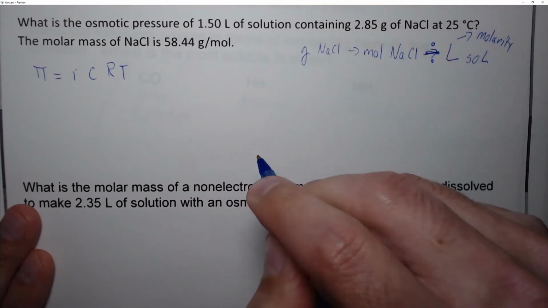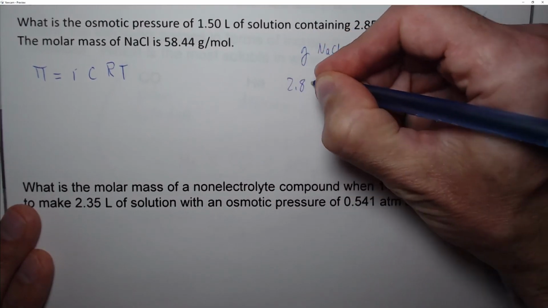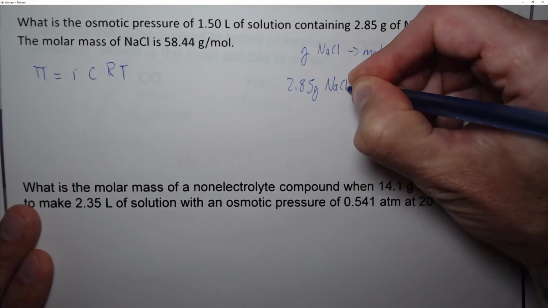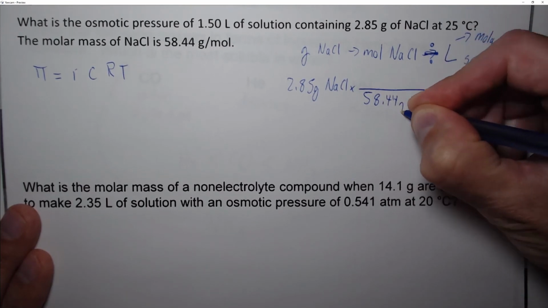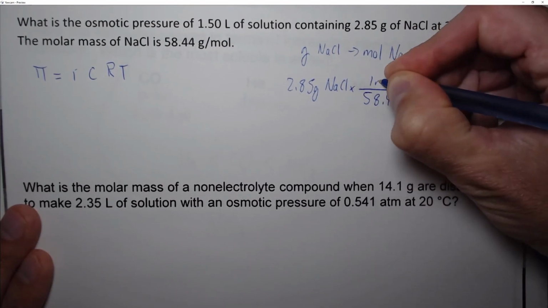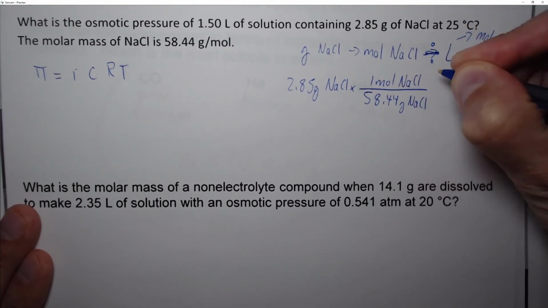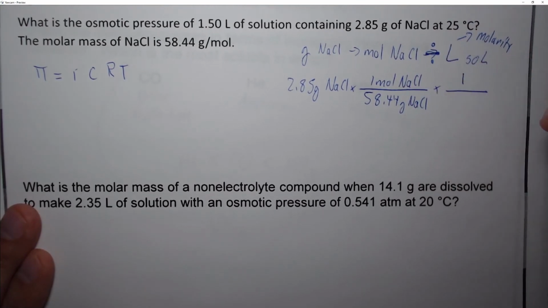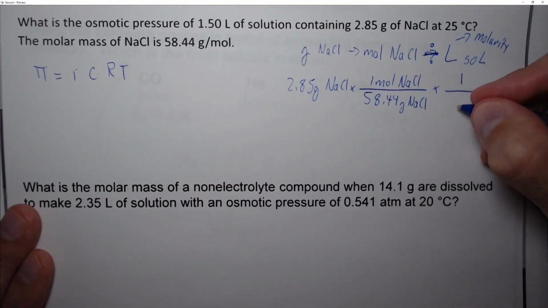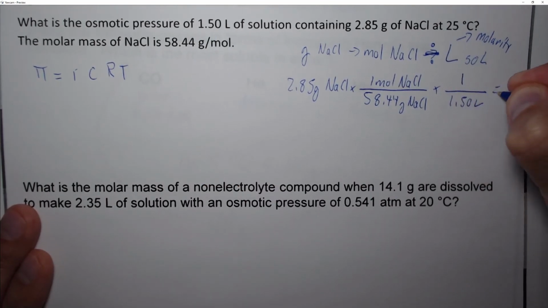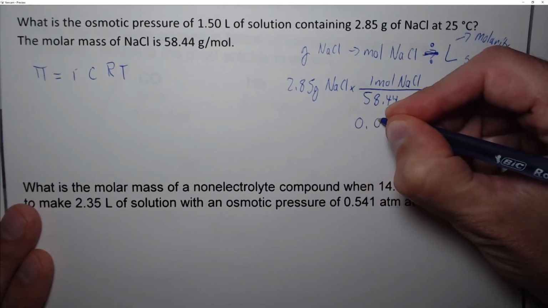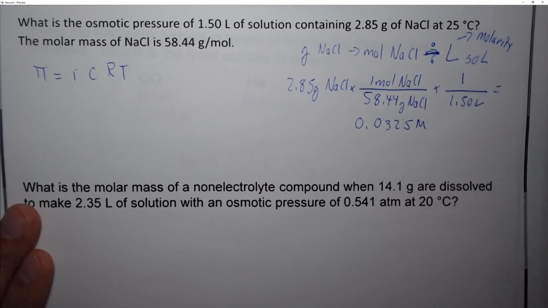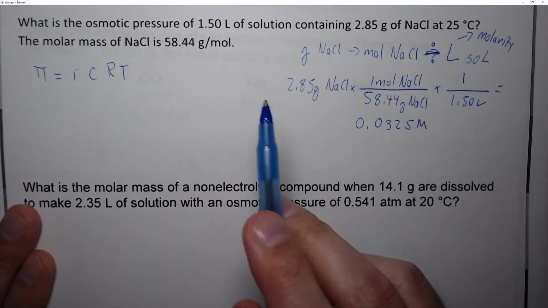Okay, so starting with 2.85 grams of NaCl times, we put the molar mass on the bottom, 58.44 grams of NaCl goes on the bottom, 1 mole of NaCl goes on the top, times 1 over the volume of this solution in liters, which is already given in liters, 1.50 liters. And when we do all that math, we find that this is a 0.0325 molar NaCl solution.